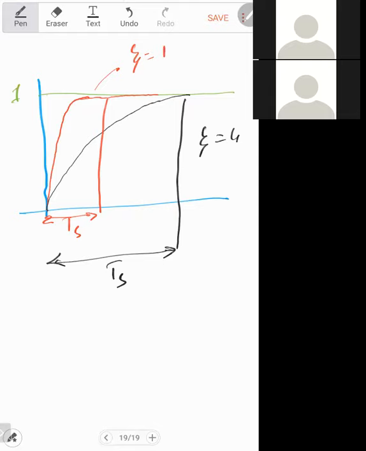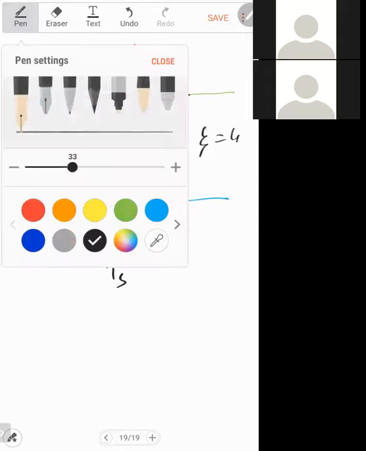Also the response of the system, if you properly design the system, and you are getting the two poles at the same location, overall, the system is stable. It will not cross the unity line, which is the input, this line.